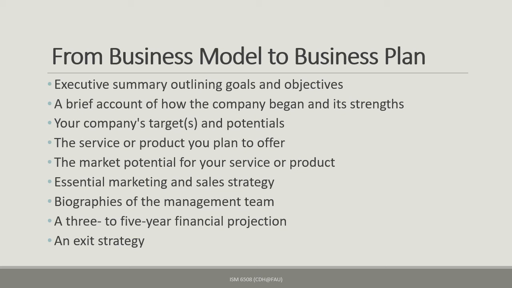For instance, of course, you have to have an executive summary. You want to talk about the company itself. That's a little different from a business model, which is a strategic level description; this is a brief account of how the company began, its strengths, and so on. That's sort of an emotional hook, an attachment to the company for the readers.